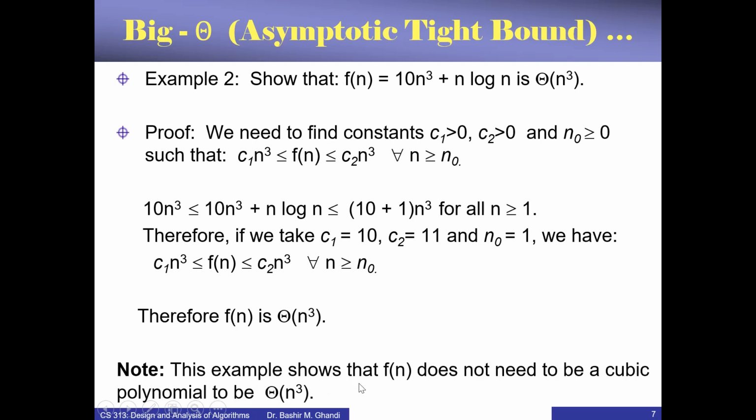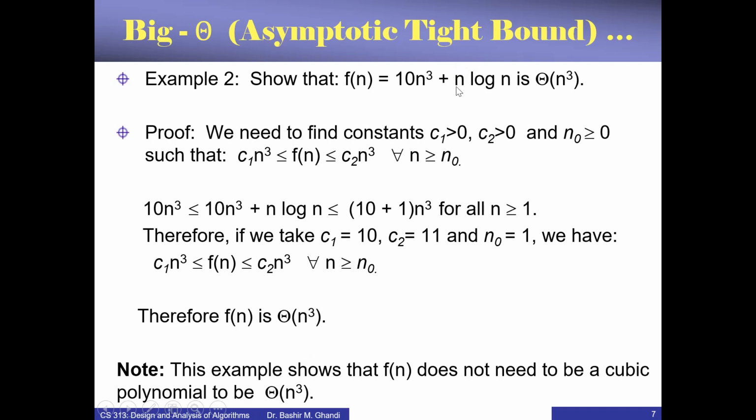We note that this example shows that f(n) does not need to be a cubic polynomial for it to be theta of n cubed. Because this function actually is not a cubic polynomial.